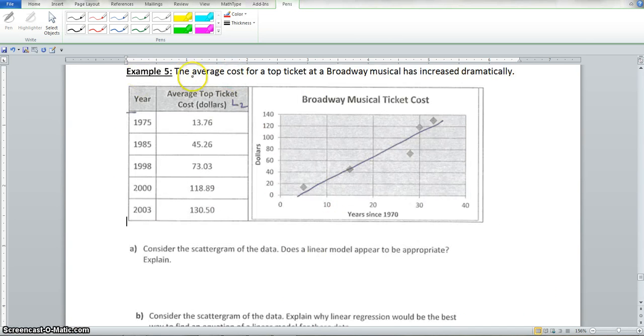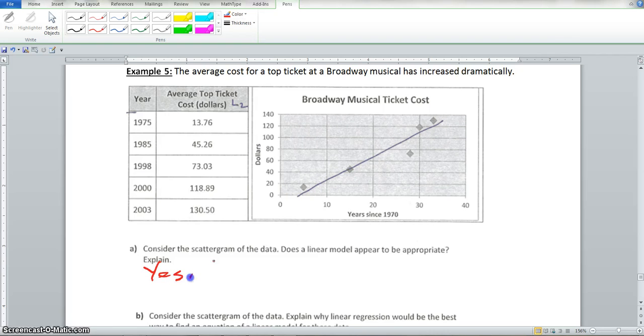Now we're on example 5. It says the average cost for a top ticket at a Broadway musical has increased dramatically. Okay, we have the year and we have the average top ticket cost. And we have also a graph here with the Broadway musical ticket cost. Okay, it says consider the scattergram of the data. Does a linear model appear to be appropriate? And explain.